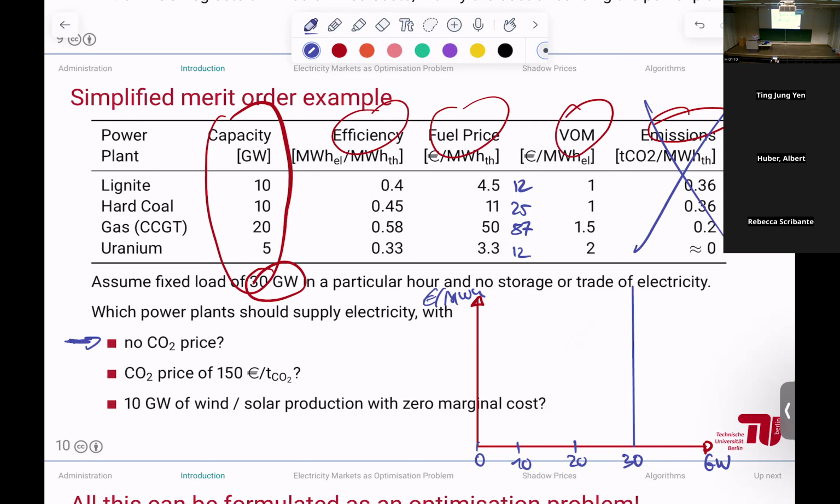So if we divide that by the efficiency, we would get 12 euros per megawatt hour electricity, already including also the variable operation and maintenance cost. We would do the same for the hard coal, 11 divided by 0.45 plus the 1 euro per megawatt hour electric. And we would get these different values.